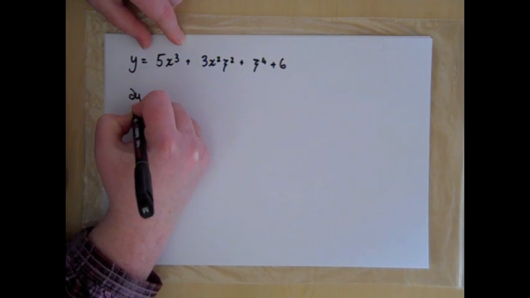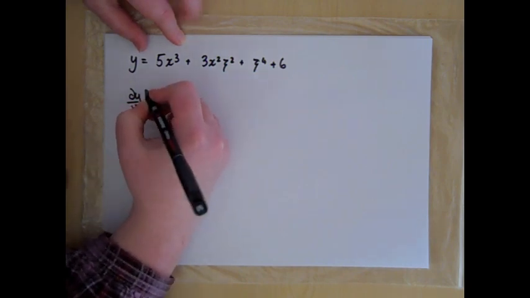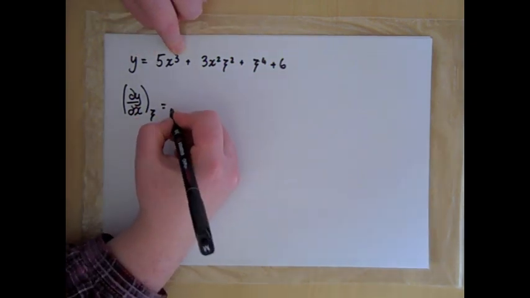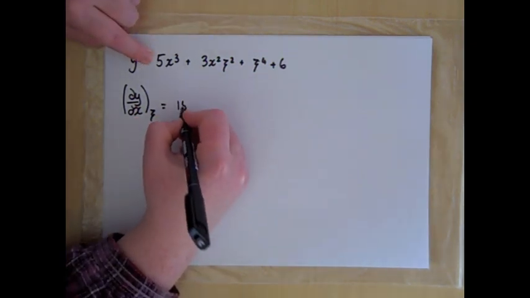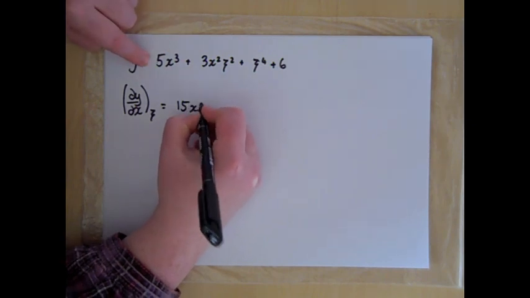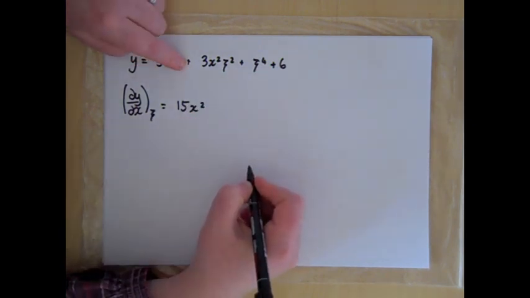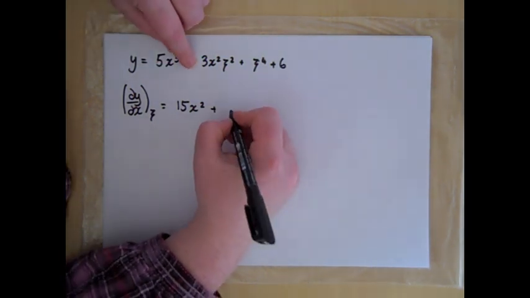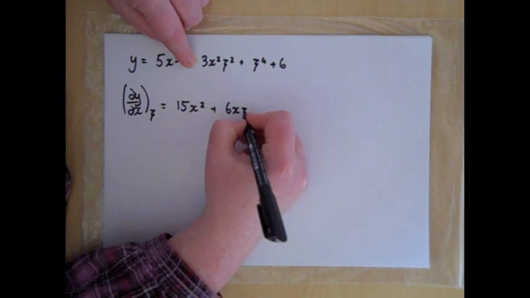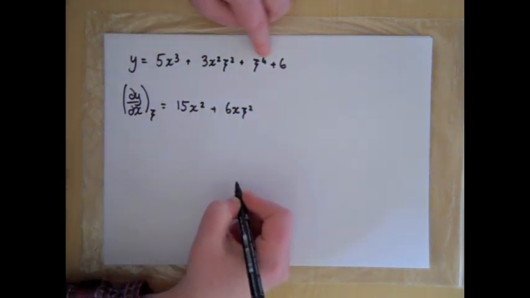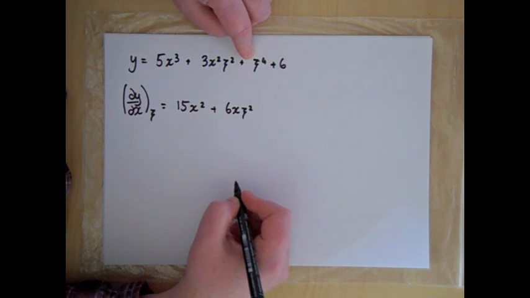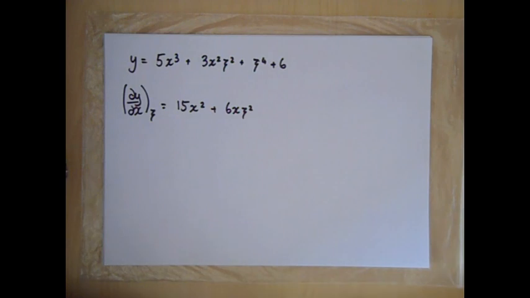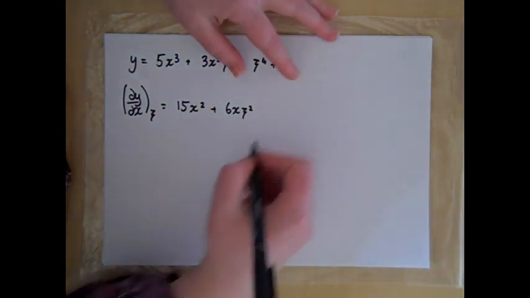So delta y divided by delta x at constant value of z is 15, 3 times 5, x squared, plus I differentiate the x here, z is just a constant, so this becomes 6x z squared. I differentiate z to the fourth, but that's a constant, so it disappears. And I differentiate 6, that's just a constant, so that disappears as well.